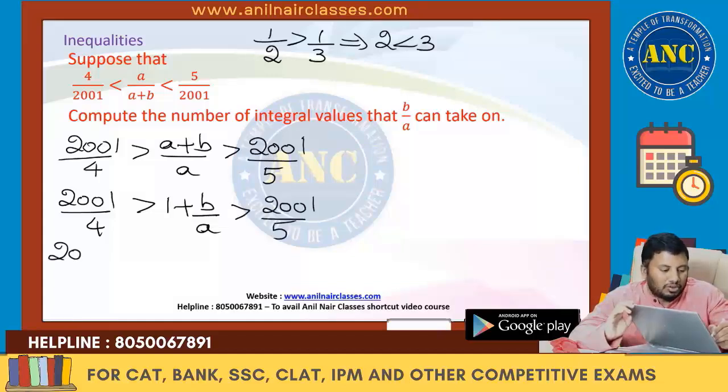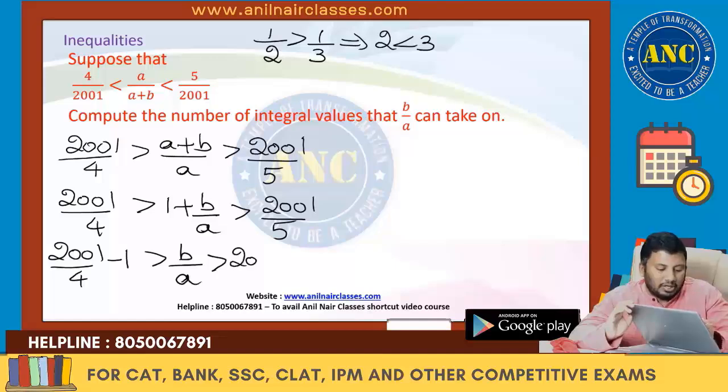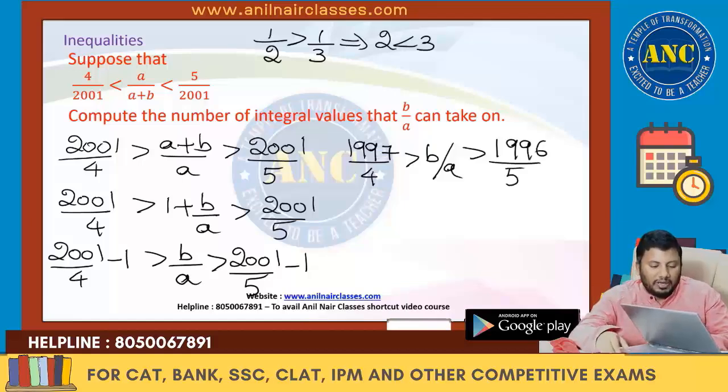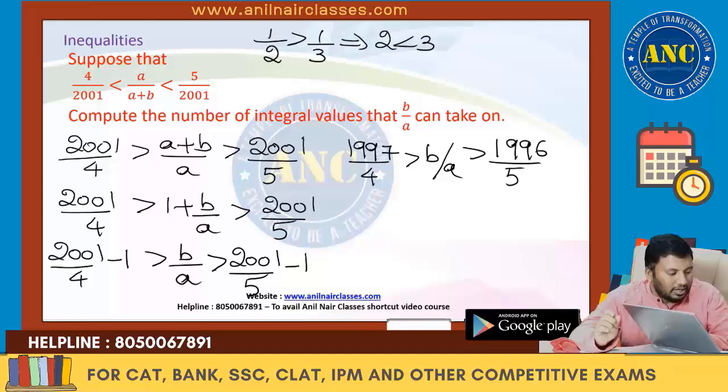Subtract 1 on both the sides. 2001 by 4 minus 1 greater than b by a greater than 2001 by 5 minus 1. 2001 minus 4, which is 1997, divided by 4, greater than b by a greater than 1996 divided by 5. I hope it is clear, right?